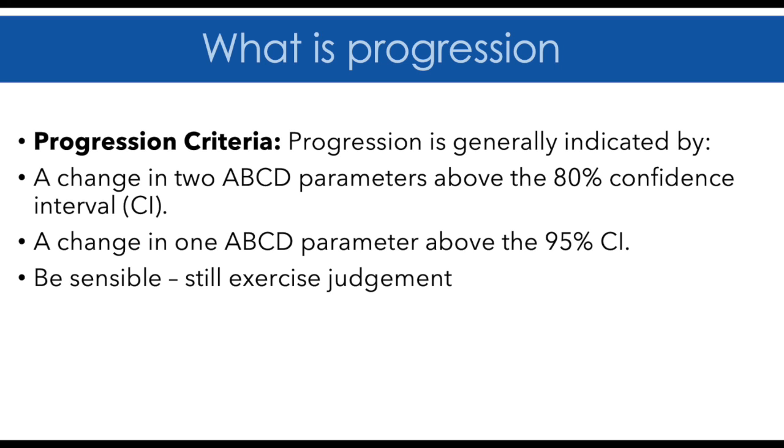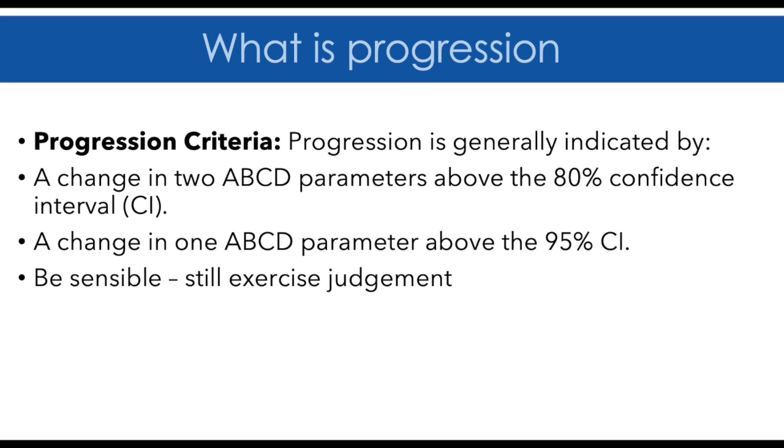If any of the parameters A, B, C, or D move from the normal population into the keratoconus population, if 2 of these parameters move above the 80% confidence interval, then that is considered progression. If one of the parameters moves from normal into the 95% confidence interval, then that alone, without a change in any of the other parameters, is evidence of progression.